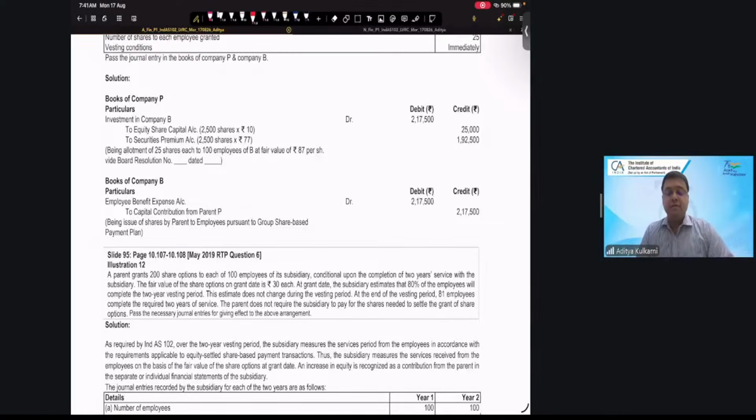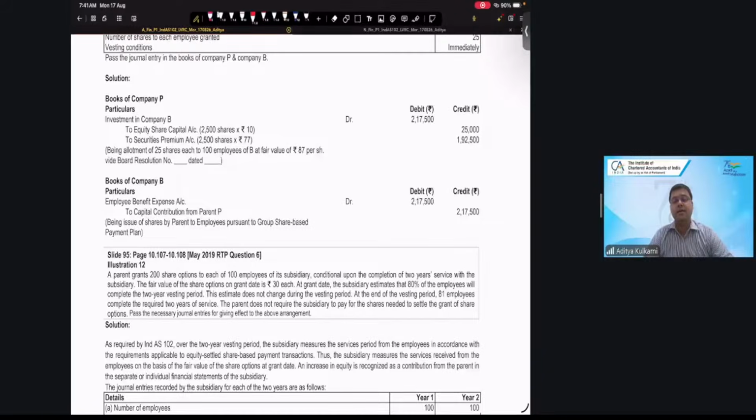Next, if the subsidiary issues shares in a share-based payment plan of the parent, then services are provided to the parent, employee benefit expense account debit. To what? Why will a subsidiary issue something helping the parent company?